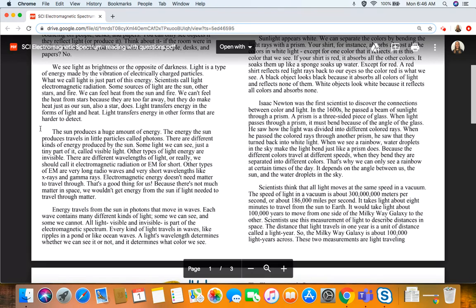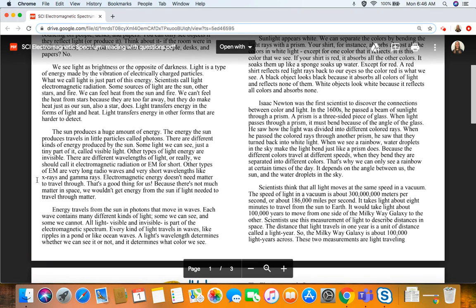Other types of light energy are invisible. There are different wavelengths of light, or really we should call it electromagnetic radiation, or EM for short. Other types of EM are very long radio waves and very short wavelengths called X-rays and gamma rays.